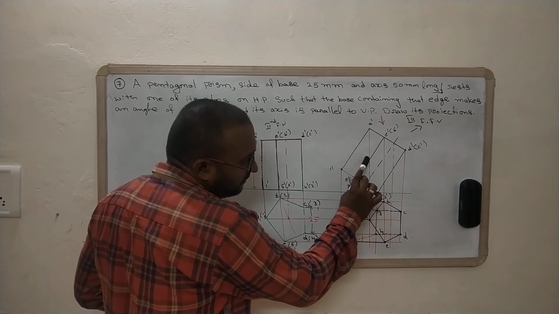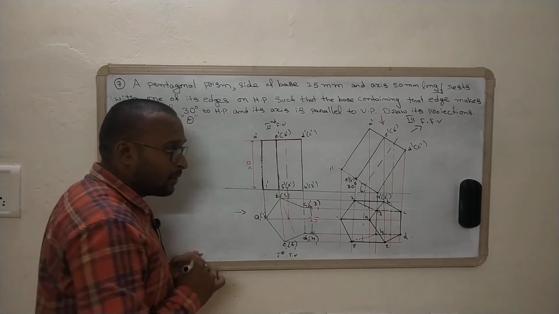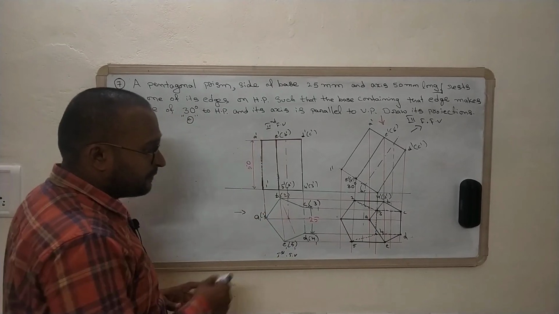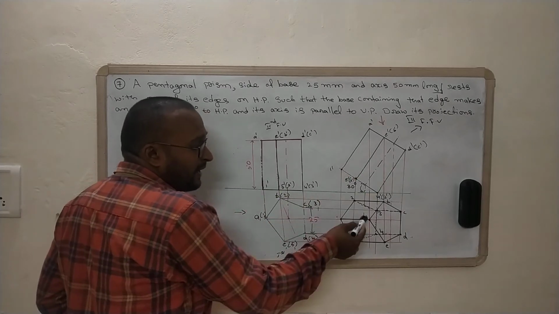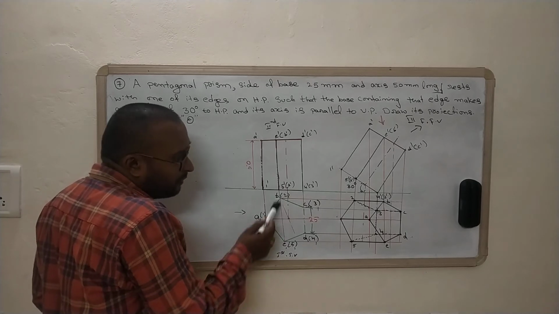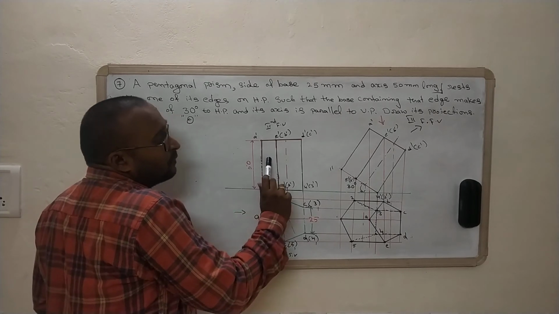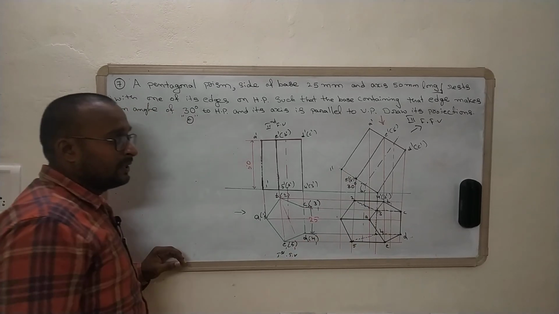I mean, how to get the finalized front view and finalized top view of the given problem, right? So the first step will be imagination, and then the second step will be finalized position. So from front to top view we will get the front view rotation, we will get the top view, interlinked with each other.